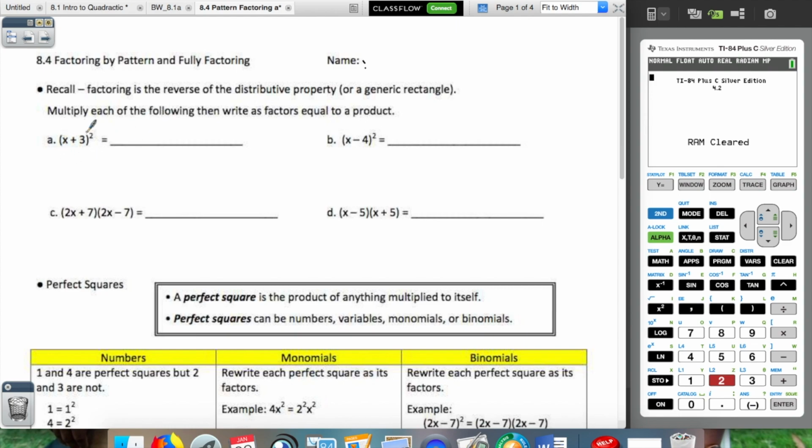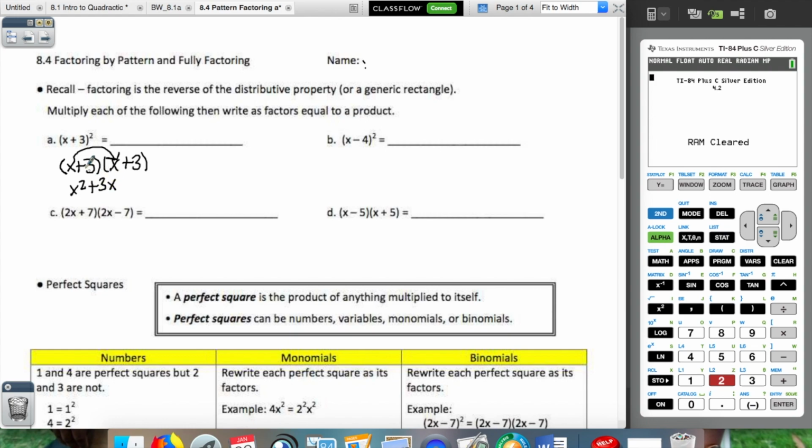So remember, when we have x plus 3 squared, we have to write it out twice. We have x plus 3 times x plus 3. And then we'll just FOIL. So what's x times x? X squared. X times 3 would get us 3x.